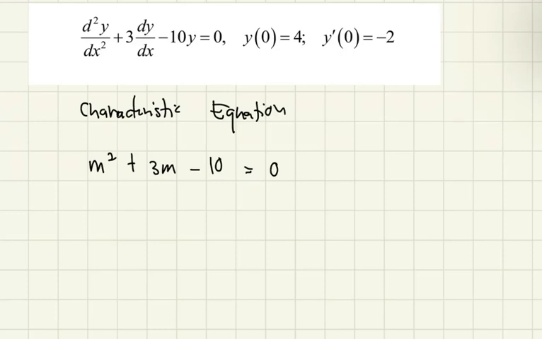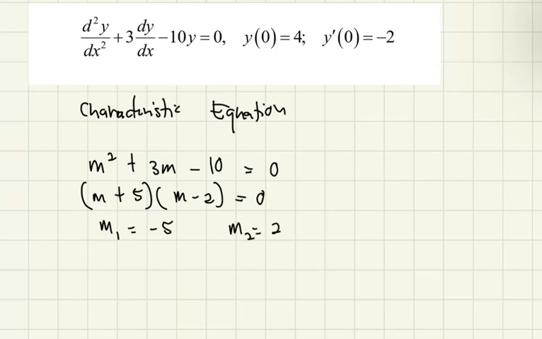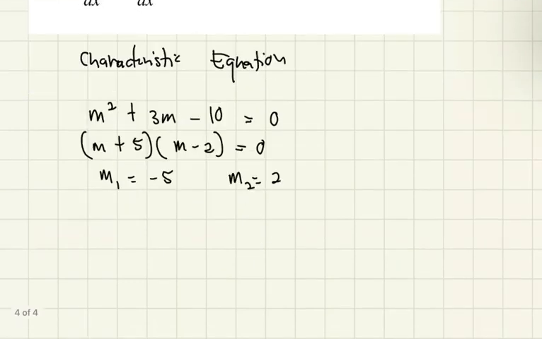Then by using your calculator, or maybe you want to factorize this one, we have m plus 5 multiply m minus 2. So the solution will be m1 equal to minus 5, m2 equal to positive 2. Therefore, we have real and distinct roots.